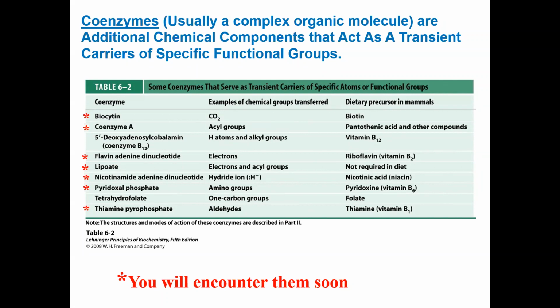Okay. And so I have put stars here, and all of these coenzymes, you will see them in this class. Okay, when we discuss metabolism and enzyme mechanism, as we go along in this class, you will see that these coenzymes play a very, very important role, especially when we talk about the pyruvate dehydrogenase complex, a beautiful, beautiful machine that actually takes coenzyme A and converts it to pyruvate and carbon dioxide, that actually uses 5 of these coenzymes.